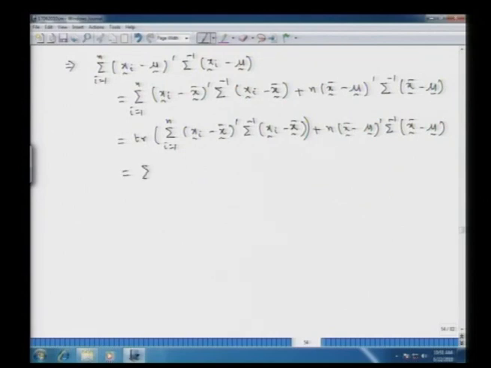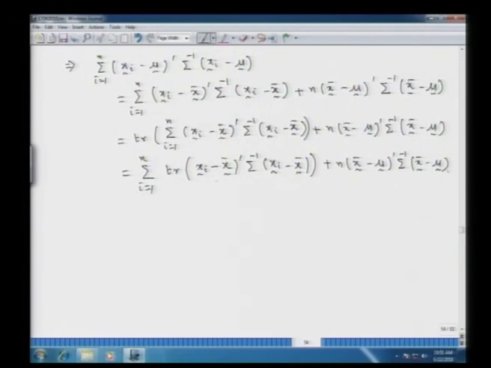So we can write this as summation i equal to 1 to n trace of (xi vector minus x bar vector) transpose sigma inverse (xi minus x bar vector). Leave the second term as it is: (x bar minus mu) transpose sigma inverse (x bar minus mu).